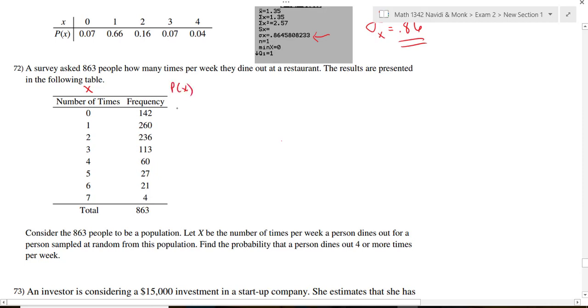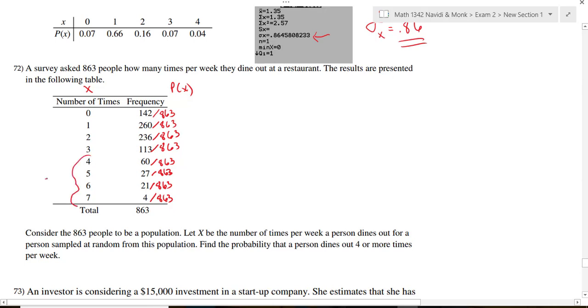Well, p of x is going to be each of these frequencies divided by 863. So with this little modification, I now have probabilities. We wanted to find the probability that a person dines out 4 or more times per week. 4 or more means that I need to add these up.